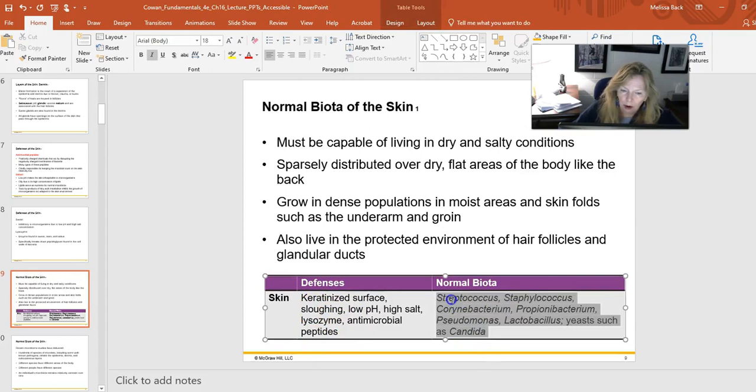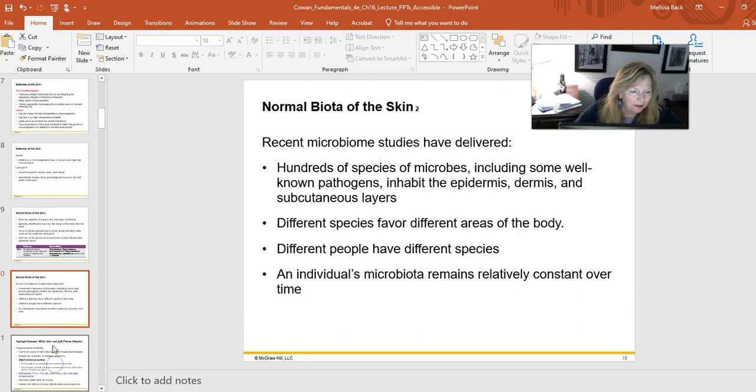These are all part of your normal biota, the microbiomes comprising all of those microorganisms that keep your skin in a state of balance. If any of these get out of balance, they have the opportunity to cause disease and become opportunistic pathogens. But as long as the balance is there, the skin can remain healthy.